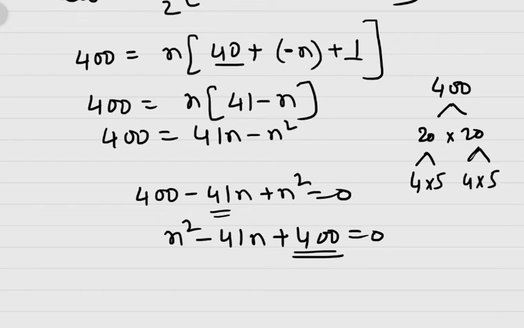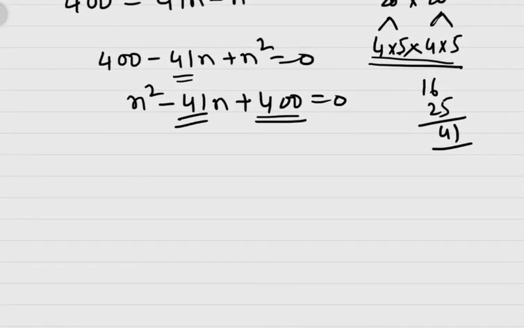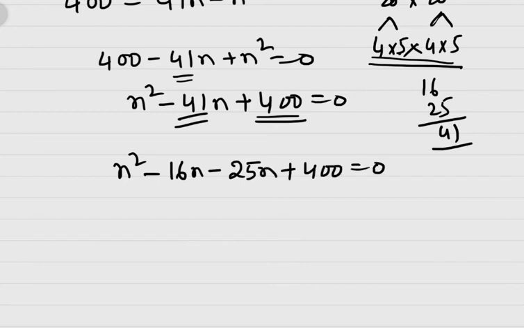Now see if we can manage this. 4 fours are 16 and 5 fives are 25. So 16 and 25, see, 41. So you need minus 41. So minus 16 minus 25 will be the factors. So n square minus 16n and minus 25n and plus 400 will give you 0.